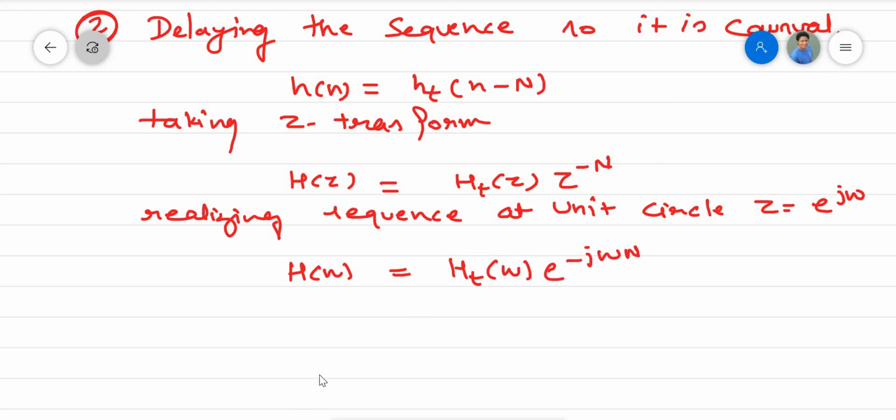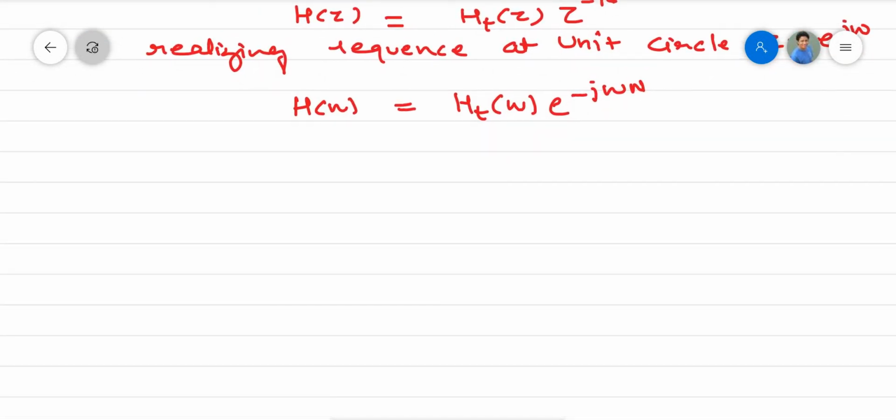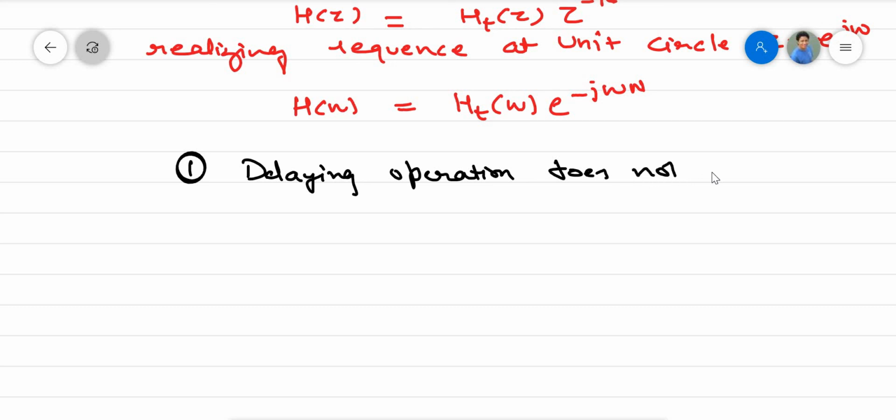Now after this particular point, one can clearly see two things. First, the delaying operation does not change the magnitude, right?